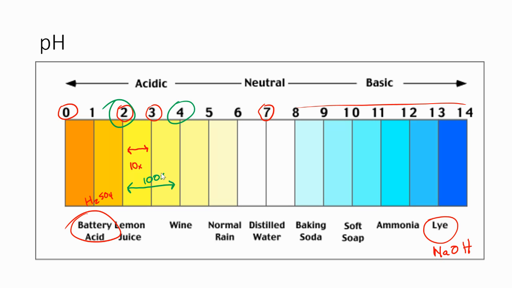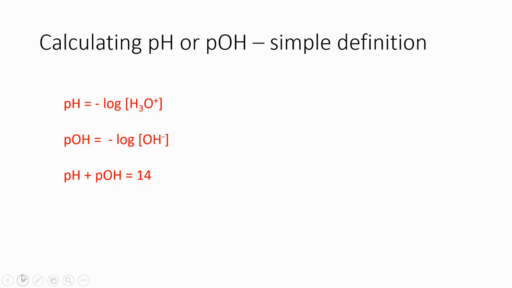What you may not know is how pH is actually defined and how you go about calculating it. pH has a very simple definition. For our acids and bases, we know that if we put them into water, according to a Bronsted-Lowry model, an H plus is donated from the acid to water to form what's known as the hydronium ion.